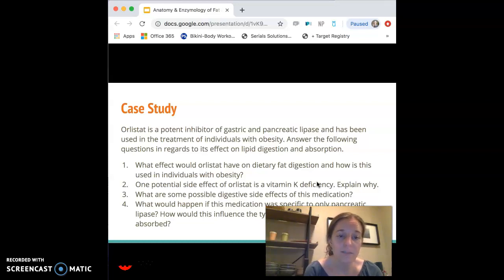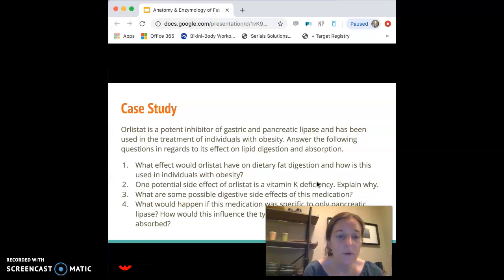What are some of the possible digestive side effects of this medication? If there is more fat that's not being absorbed, there's potentially more that's going to be excreted in the stool, which could cause steatorrhea, loose stools, diarrhea, or abdominal cramping.